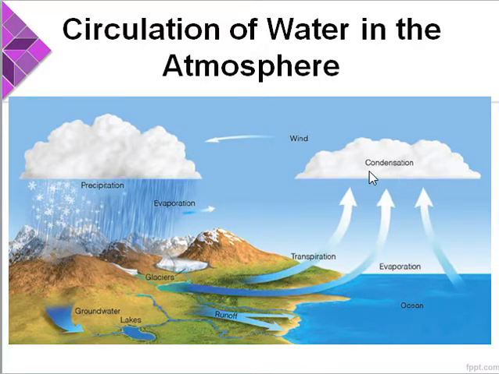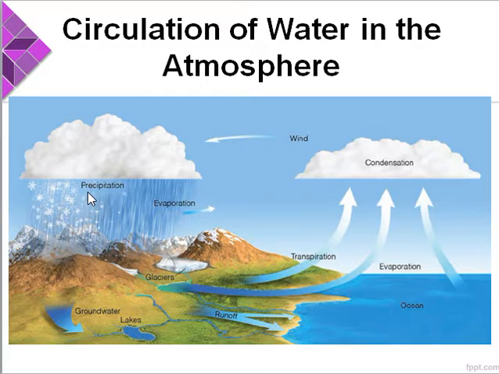Under certain conditions, the liquid cloud particles or the solid ice crystals may grow in size and fall to the surface as precipitation. Precipitation may be in the form of rain, snow, or hail.